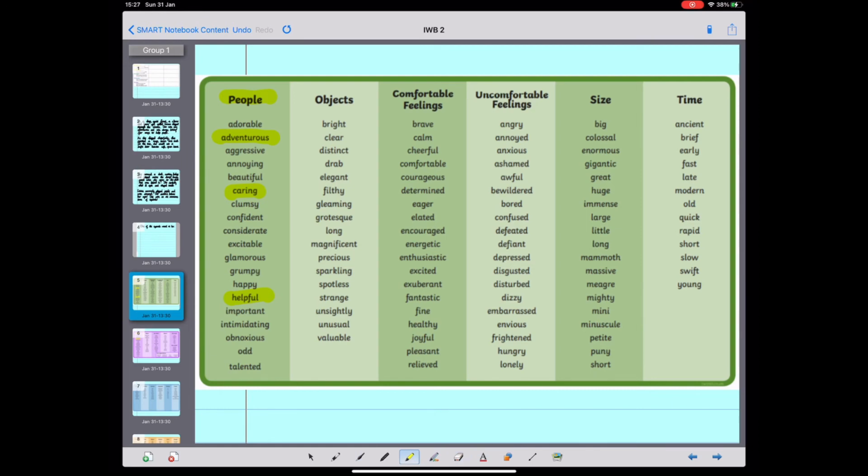Could I describe a squirrel? What adjectives could I use? Could be a clumsy squirrel. I think my squirrel's going to be clumsy. And eager.